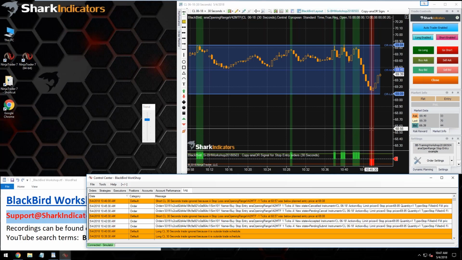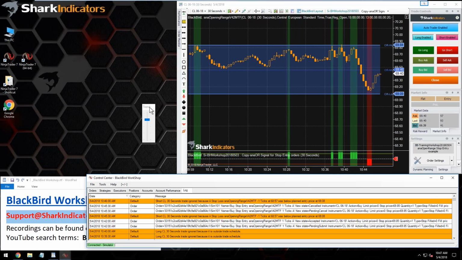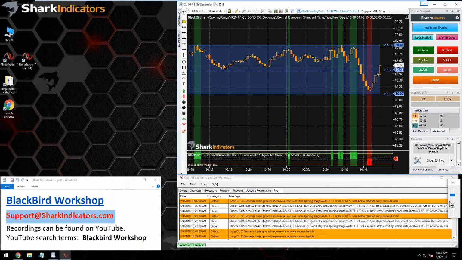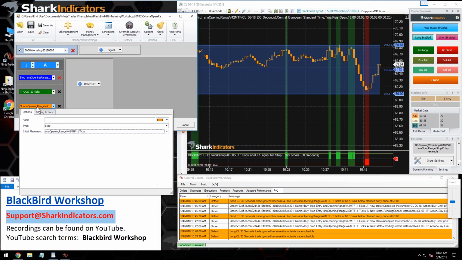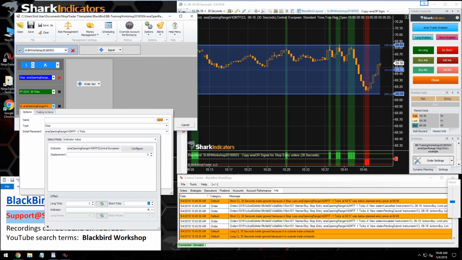Yeah, so for some reason the indicator was giving us a stop loss value down here. Strange. All right, so I need to double check the indicator settings for the stop loss. Hold on here. Let me put this trend in a neutral zone. All right, let's go investigate the stop loss settings here.